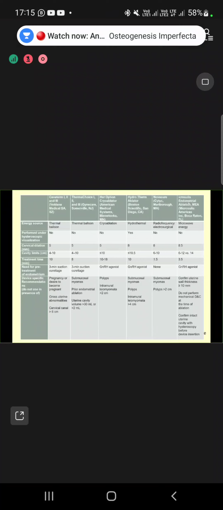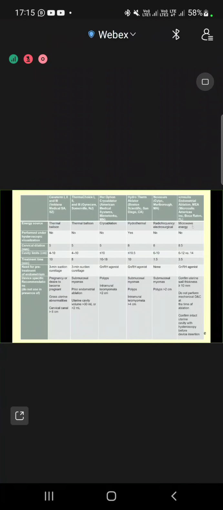Coming to the microwave endometrial ablation technique, I personally felt that out of all these procedures, this is easy and less time consuming, and the results are good. The dilatation required is up to 8.5. The cavity could be up to 14 also.